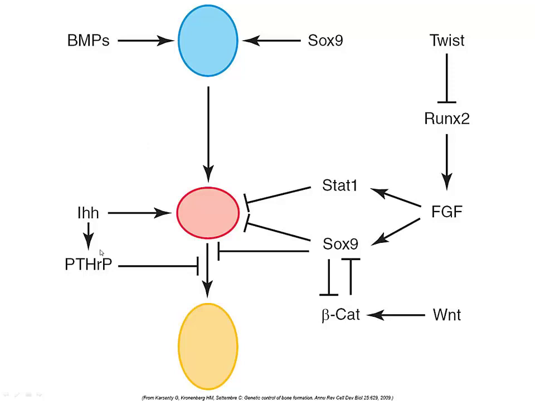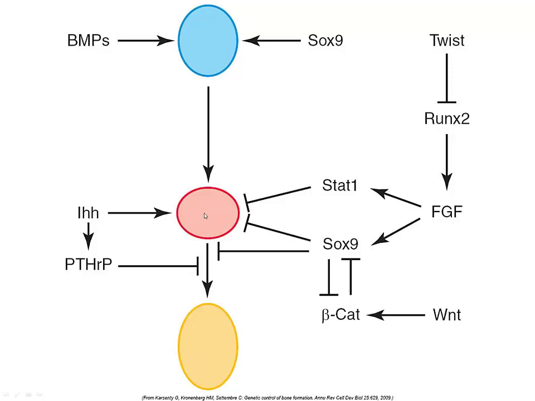Now we also look on this side. We have other factors that are influencing positively the condensation event. So after we form our mesenchymal cells, this chondrocytic condensation is going to be enhanced by another molecule. It's an inductive molecule, plays a tremendous role in development. This is referred to as Indian hedgehog. This is a fairly new one.